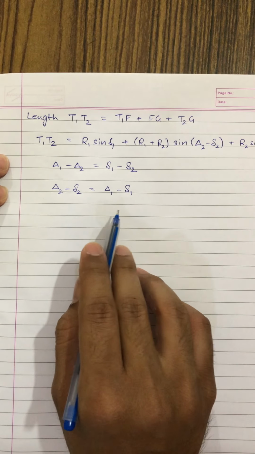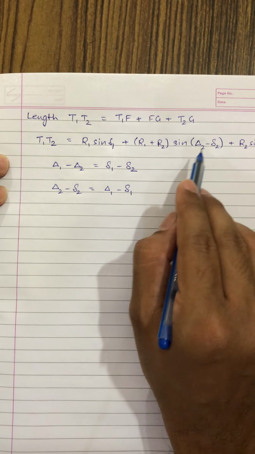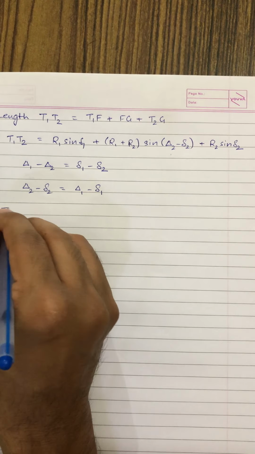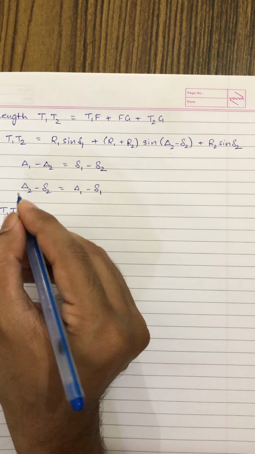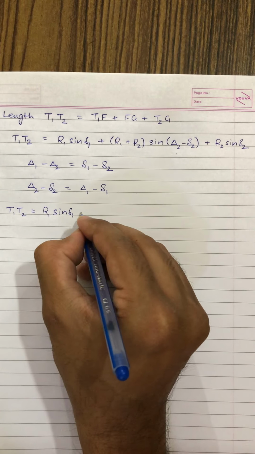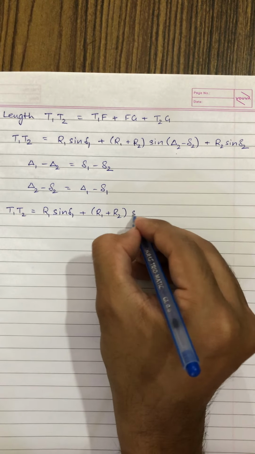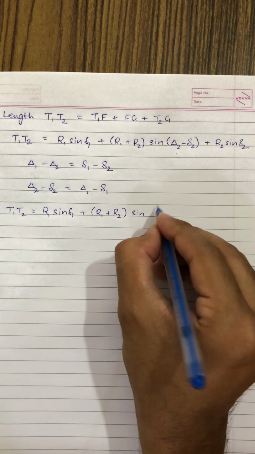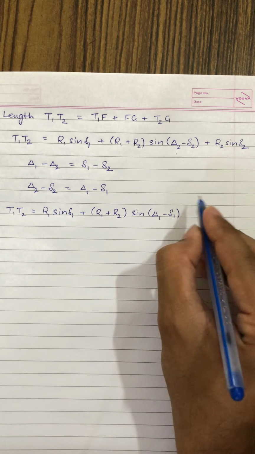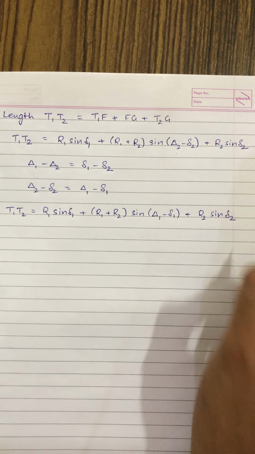So delta 2 minus del 2 can be written as delta 1 minus del 1 also. Hence T1T2 is equal to R1 sin del 1 plus (R1 plus R2) sin of (delta 1 minus del 1) plus R2 sin del 2.